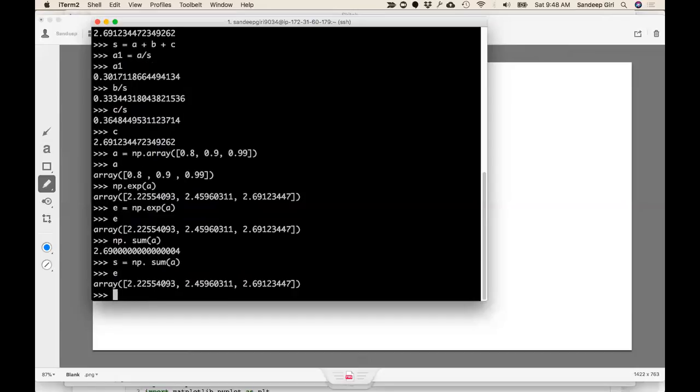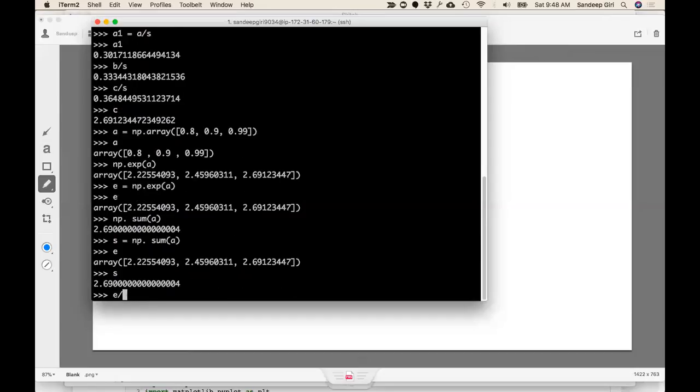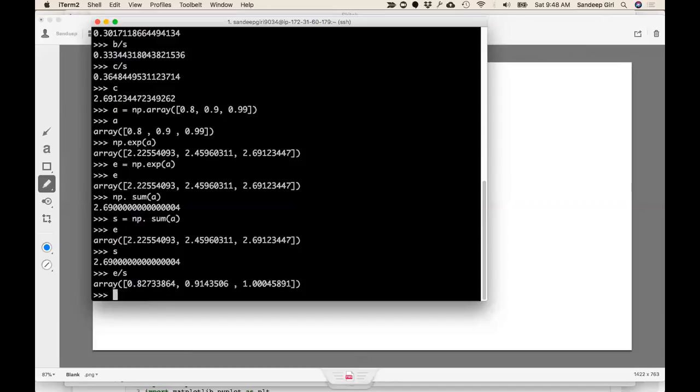So we have E and we have S. If I say E by S, now it makes sense, right? So now the probabilities look like this. No, it doesn't. Does it make sense? No. So the summation is 2.6.